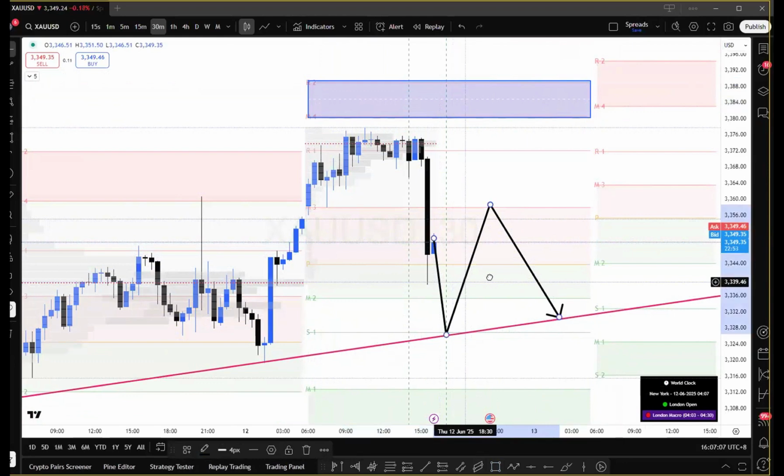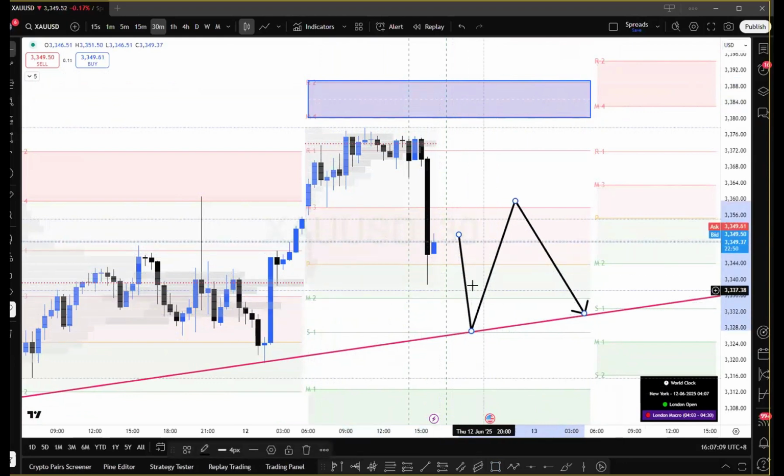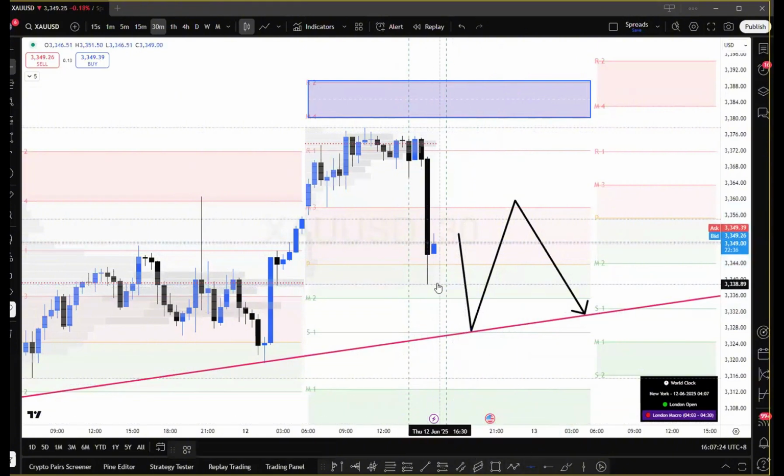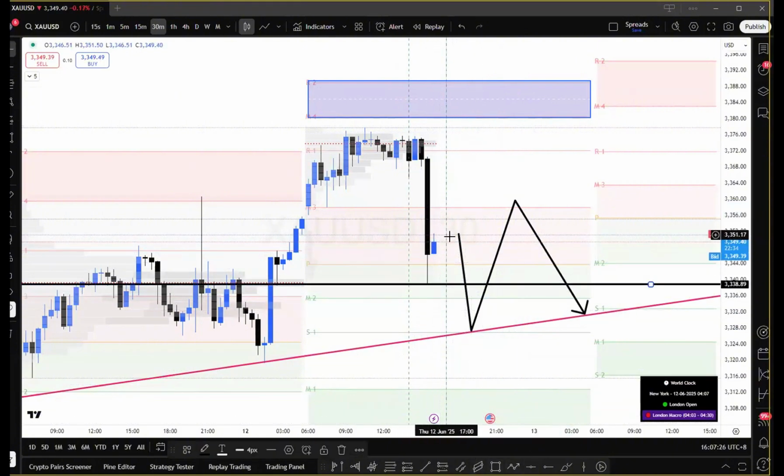For us to not go any lower, or to find any indication that this price is going to go higher into R2 and R4, this low has to be a level that is defended by the buyers. So we cannot be seeing a sell-off below this.